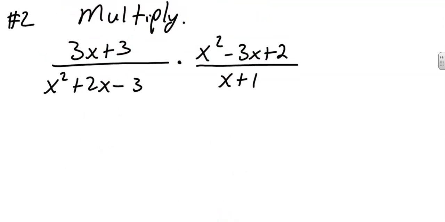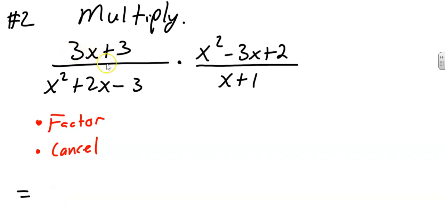What you're going to do is factor everything as much as possible. And then after you factor, you cancel. And then once you cancel, that's it. That's all you're doing. So even though it says multiply, you really don't multiply. You're going to factor everything as much as possible, and then just go back and cancel everything that you can.